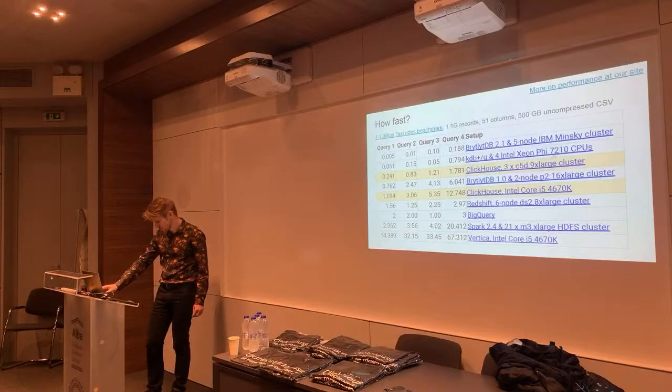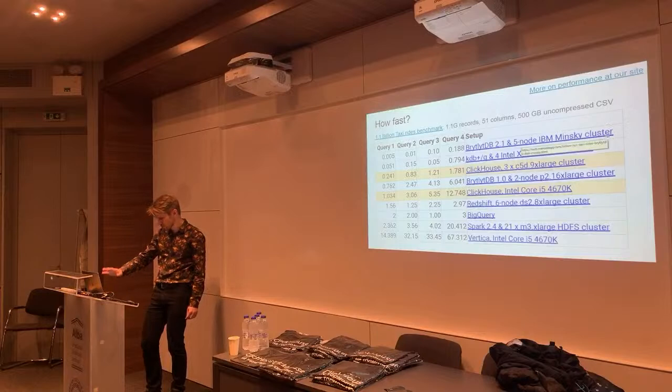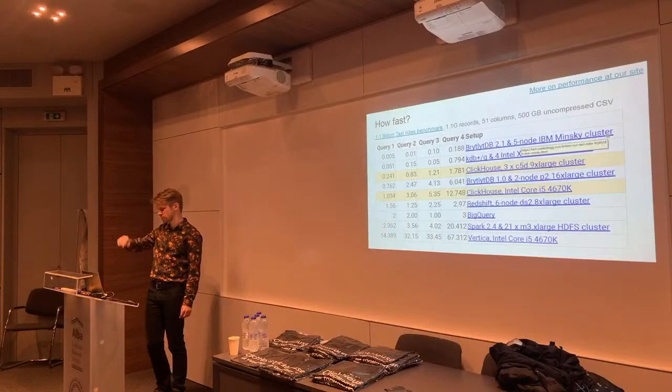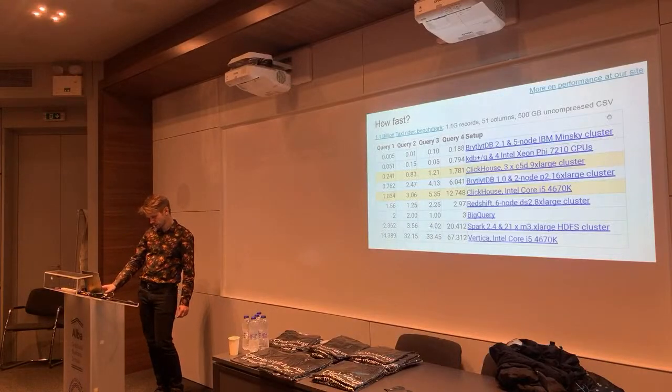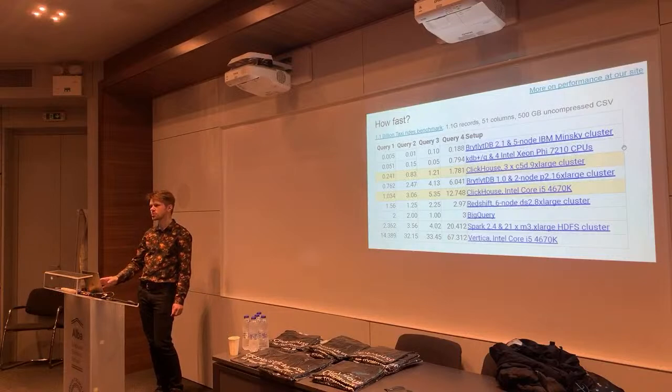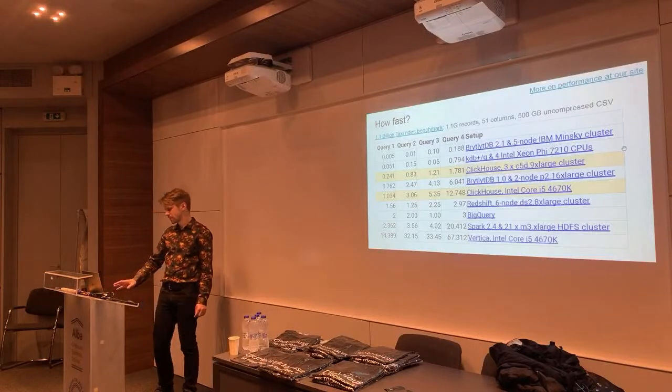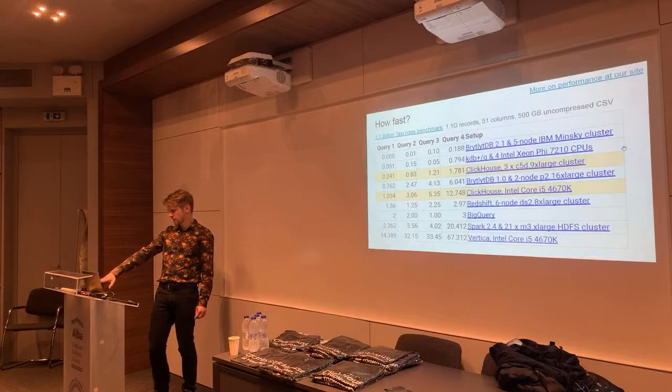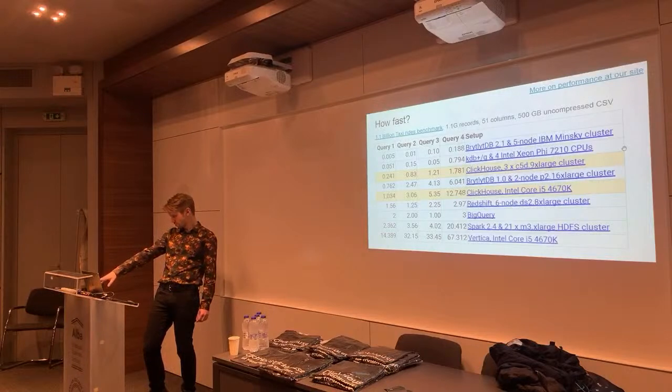The first thing that is orders of magnitude faster than everything else is a GPU database running over some crazy GPU cluster. So this is the top limit of what is possible. Next we have KDB over, again, a pretty big machine, Xeon Phi. I think it has hundreds of cores or something like that. Then a couple of ClickHouse installations, one on a larger cluster and one on a more modest processor.